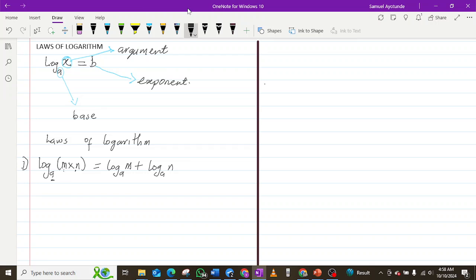That is, the log will be shared to the two numbers that are being multiplied, and in that process they will be added. This version of the law of logarithm is similar to the law we have in indices.